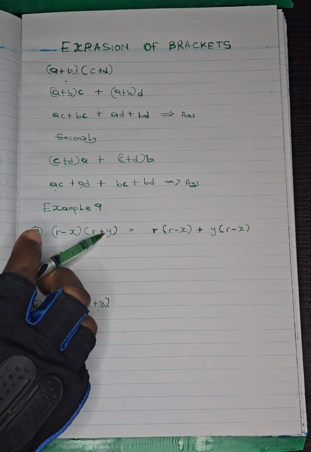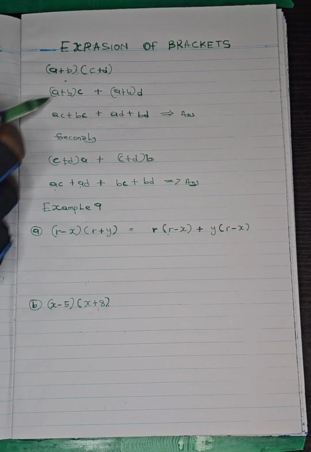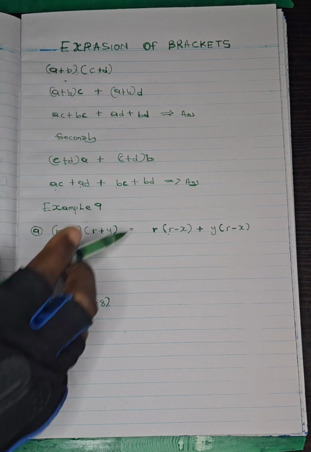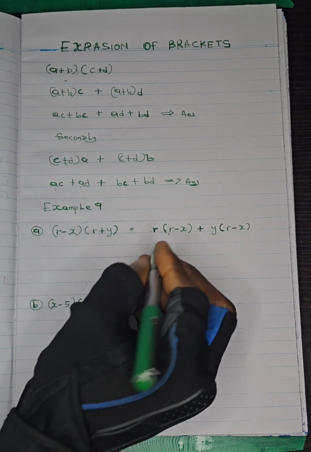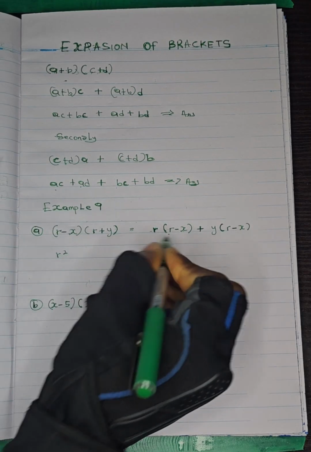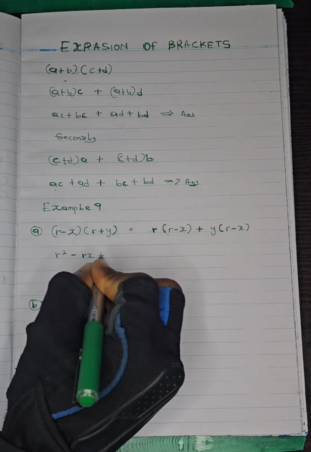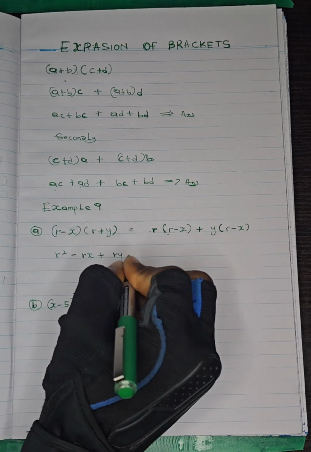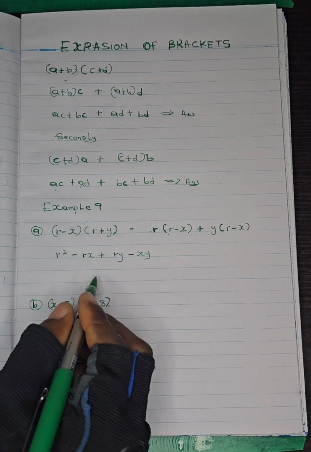As you can see, we are keeping the first bracket like what we did in the first place, multiplied by what we have in the second bracket. This is c in this case, and here in our case it is r. So by the time you open up, you have r squared minus rx plus y minus r, ry minus xy. This is your final answer.